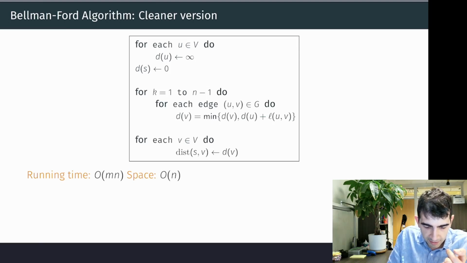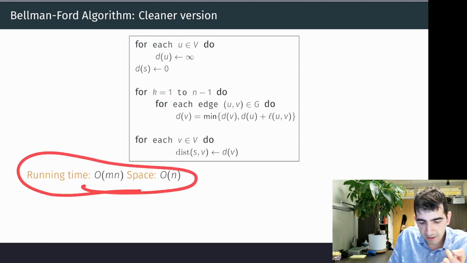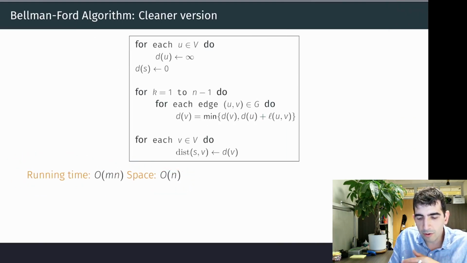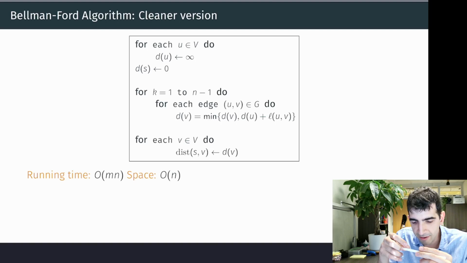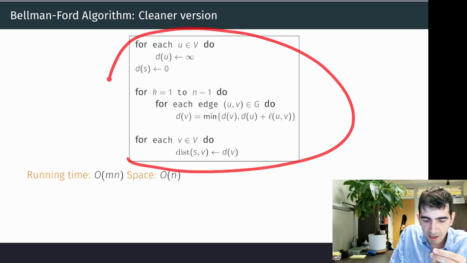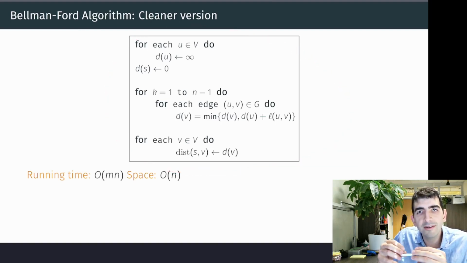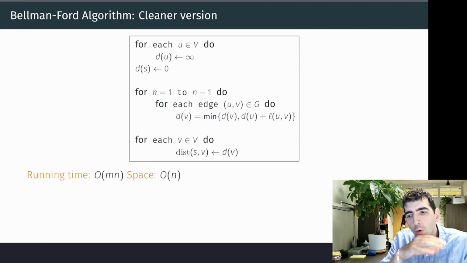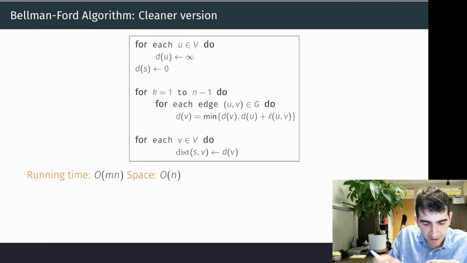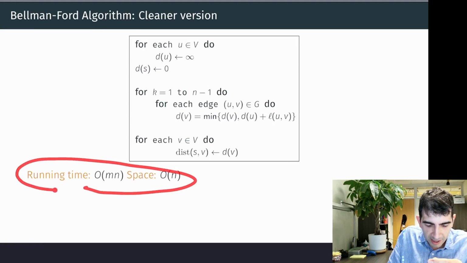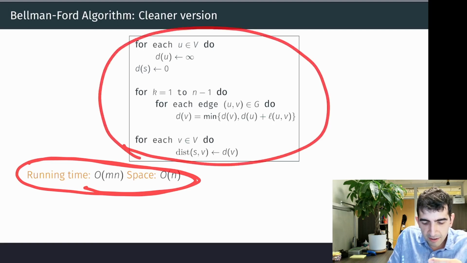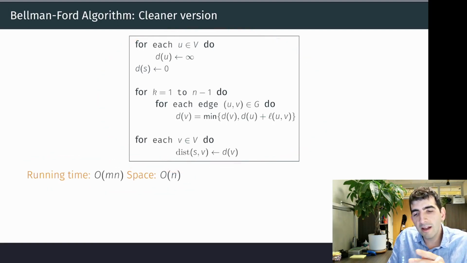And in fact, that's exactly the optimized form of the Bellman-Ford algorithm. This is the cleanest version. It's beautifully simple in the end. We went from something complex and whittled it down to its core code. And the beauty of the core code is that this algorithm can handle edges with negative lengths.